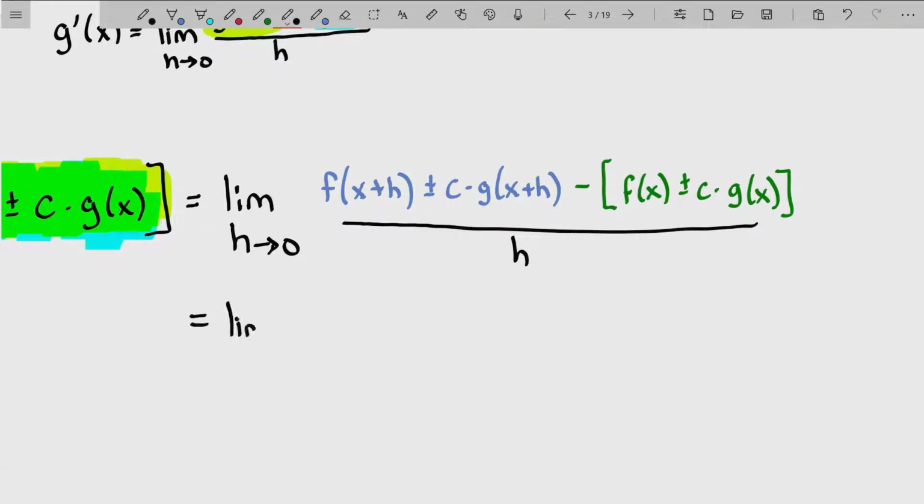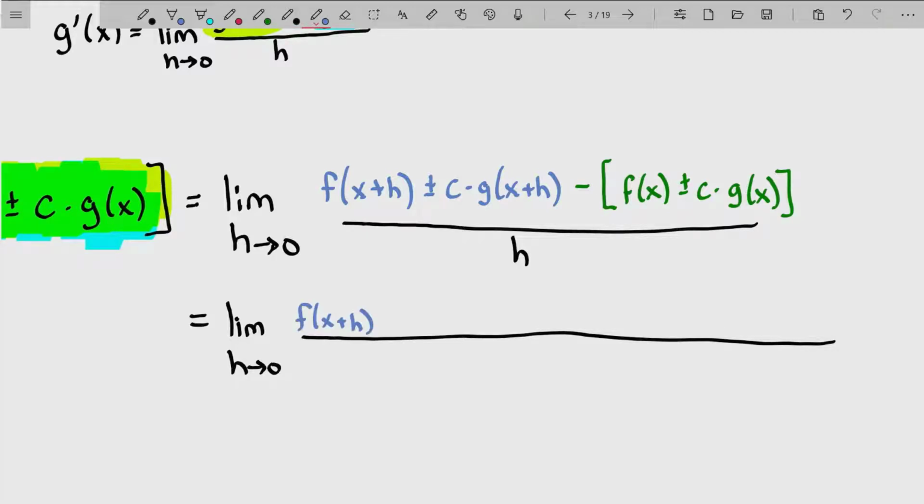Specifically, I'm going to write this as the limit as h goes to 0. And I'm going to grab that blue f of x plus h and the distributed negative f of x. And then I'm going to grab the blue plus or minus c times g of x plus h.